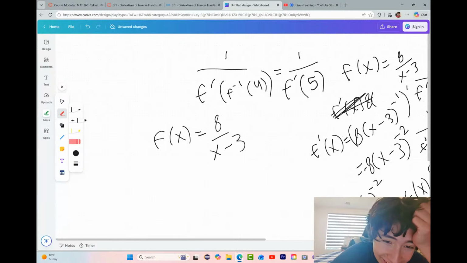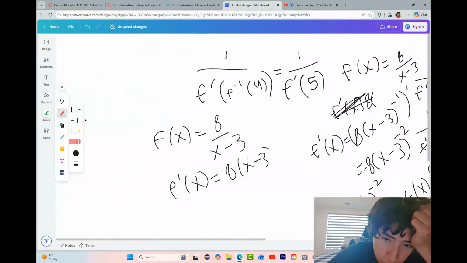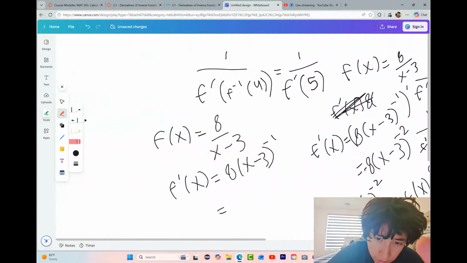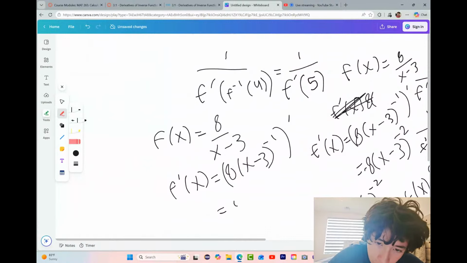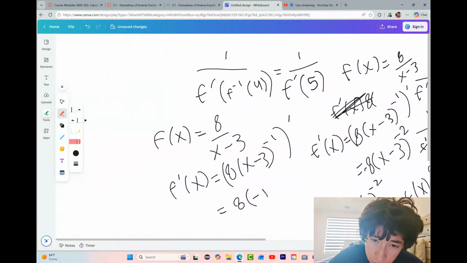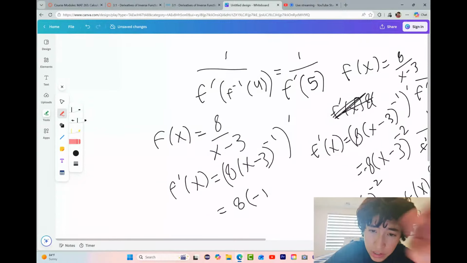Oh, wait, my bad. So first, let's calculate the derivative. 8 times x minus 3 to the power of negative 1. So the derivative is going to be, oh, whoops, nope, that's not right. So we do that. 8 times negative 1. I see where this can go wrong.